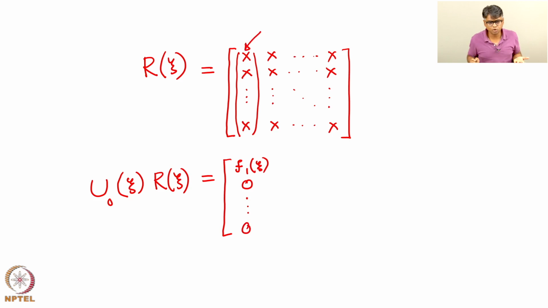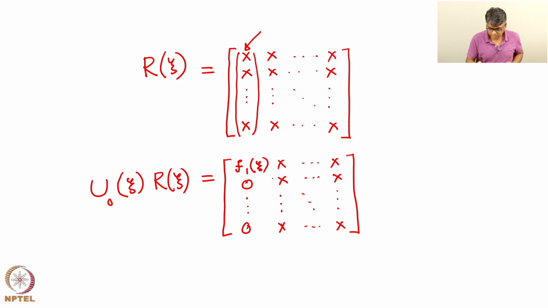If it was a 0 column to start with, then we just move on to the second column. Otherwise, this is what I have. And the remaining are some entries. I don't worry much about them, at least at this point. But the first one changes to something like this.